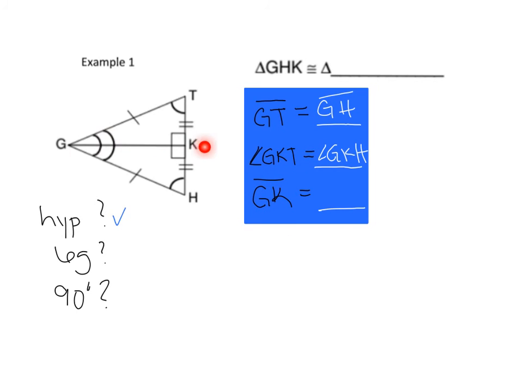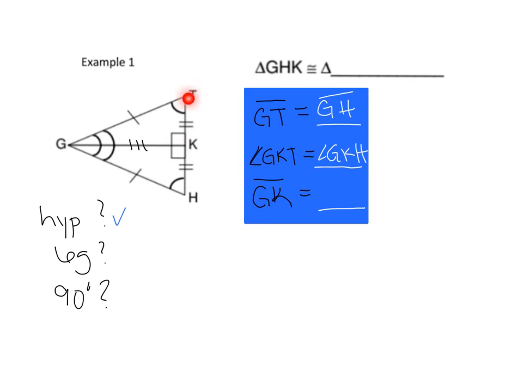And then you have GK is congruent to, well, what's very unique here is that's the reflexive property being used because both of them have that line. So technically, I can actually prove that GK is congruent in both cases. Or we could have used the other leg because it is also marked. Okay?